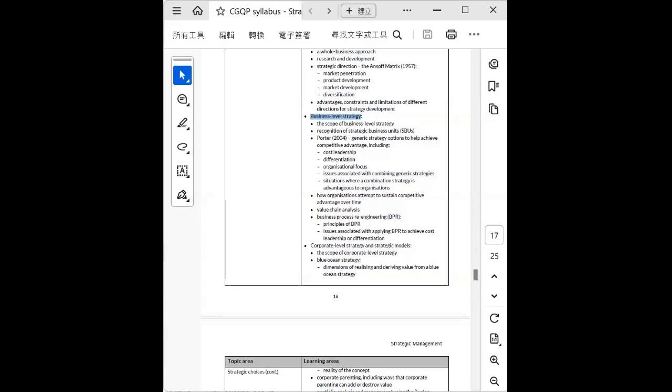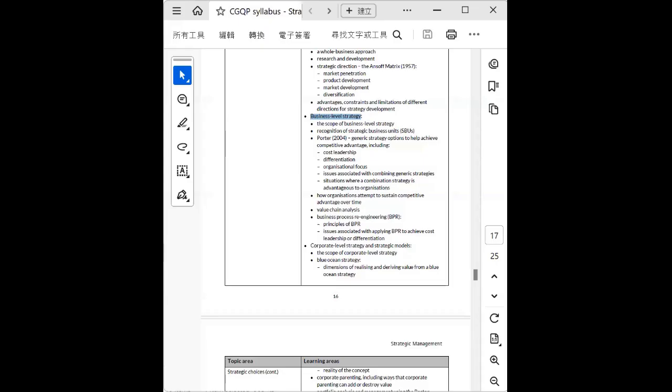I think we've discussed Porter's generic strategy options earlier. Cost leadership means the lowest cost producer. Differentiation means you are offering unique products at a higher cost, a premium pricing.